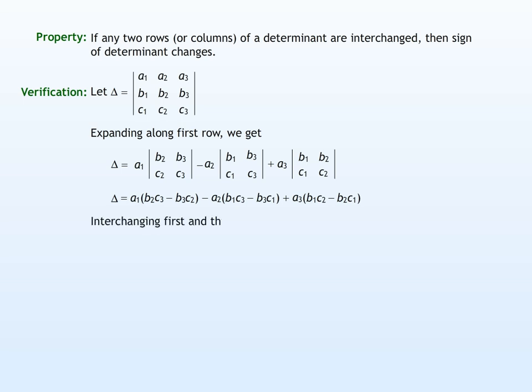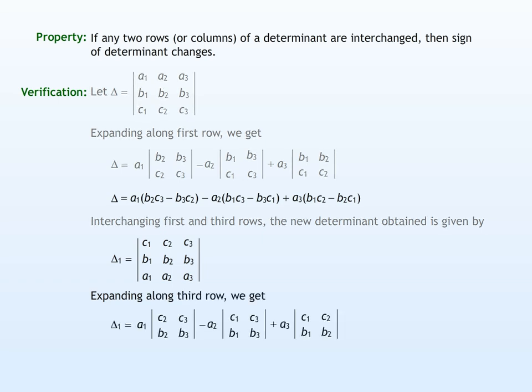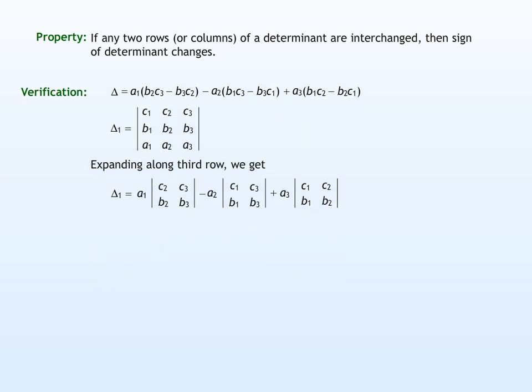Now, interchanging the first and third rows, the new determinant obtained is given as delta 1 as shown here. Expanding along the third row, we get delta 1 equals A1 multiplied by (C2B3 minus B2C3) minus A2 multiplied by (C1B3 minus B1C3) plus A3 multiplied by (B2C1 minus B1C2).